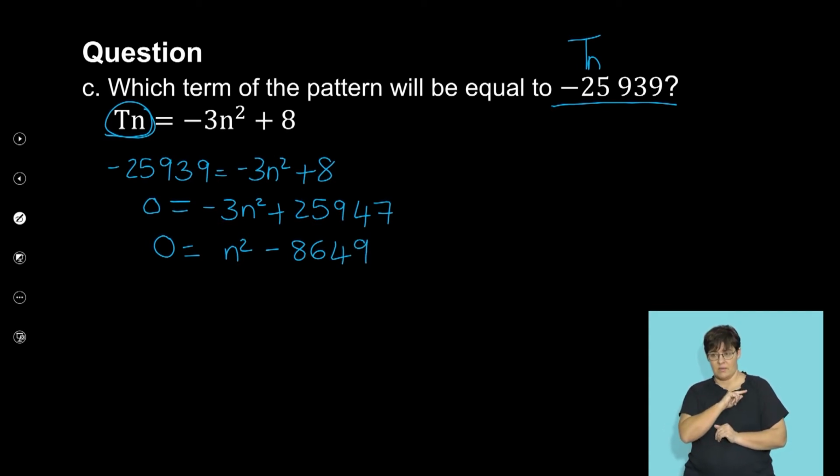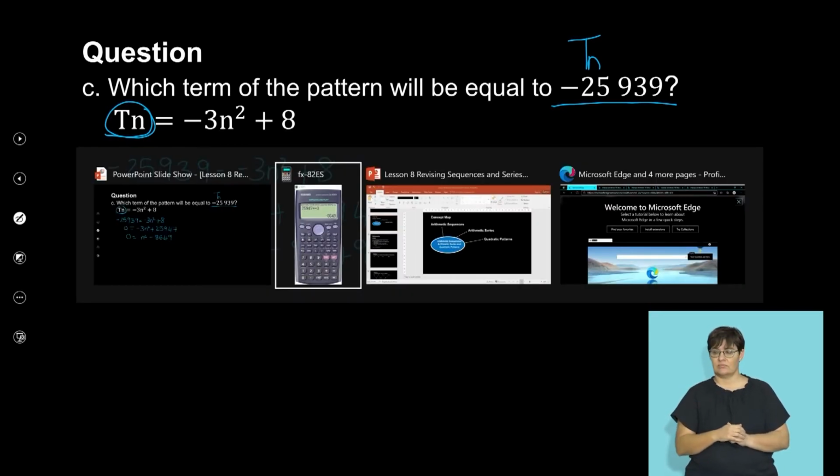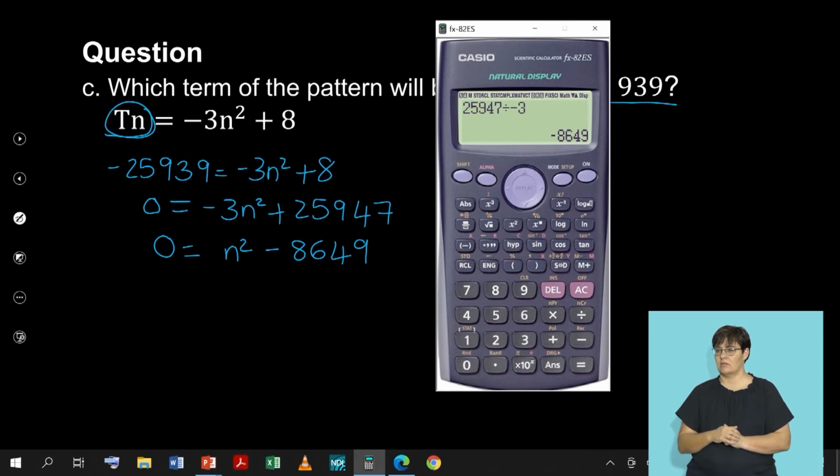Because I actually have an n squared minus an incredibly large number, I am hoping that this is a difference of squares because that will make my life a lot easier. But in order to see if it is, I have to see if 8,649 has a square root value, or it does have a square root value, but I want to see if it's going to be a whole number.